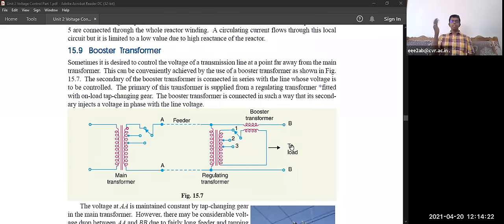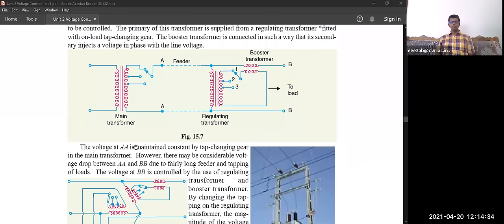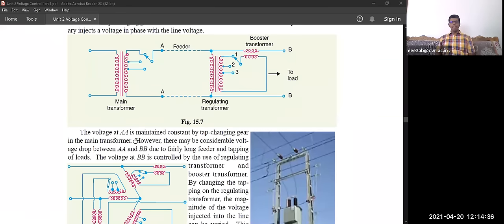The voltage is injected in phase with the line voltage so that your voltage level can be kept constant. Say for example, here the voltage at AA is maintained constant by the tap changing gear in the main transformer. However, there may be considerable voltage drop between AA and BB due to a fairly long feeder and tap changing of the load.